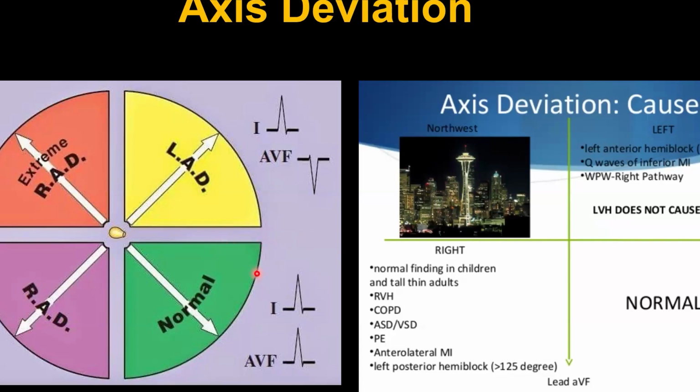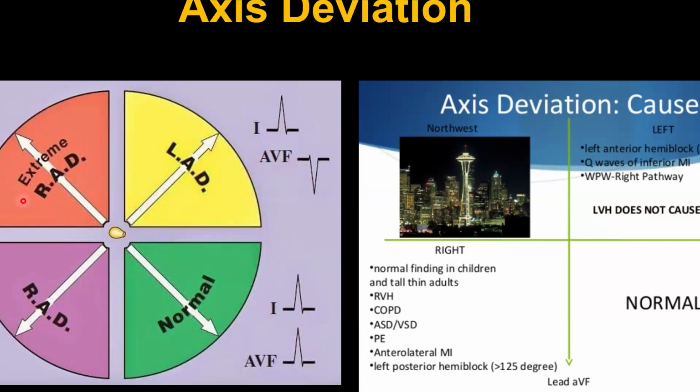So if you have positive in lead 1 and positive in lead AVF, that will lead to this kind of a vector right here, positive in lead 1, positive in lead AVF, and the axis is normal. If it's negative in lead 1 and positive in lead AVF, that will be right axis deviation. If it's positive in lead 1 and negative in lead AVF, that will go in this direction.